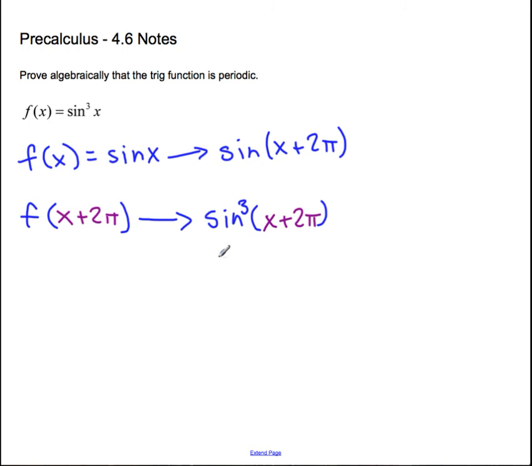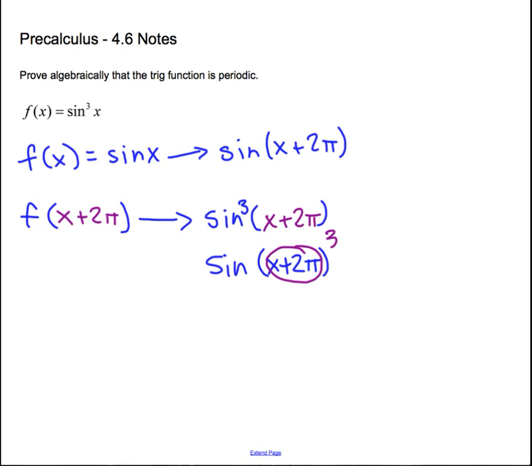Well, what is this really? This really is sine of x plus 2 pi, cubed, and the cube is really out here on the whole function, not just on the little single sine part. It's the actual entire thing being cubed. Well, don't forget, this guy right here is equal to just x.